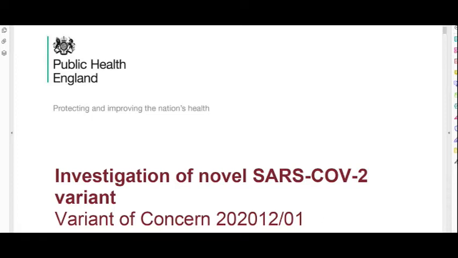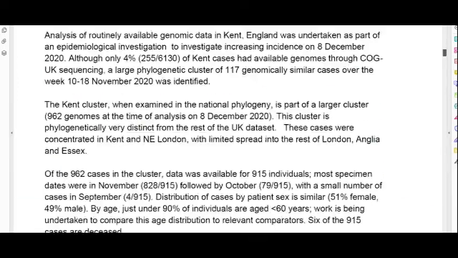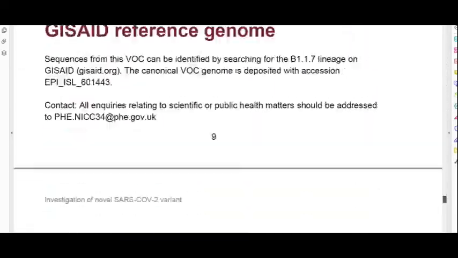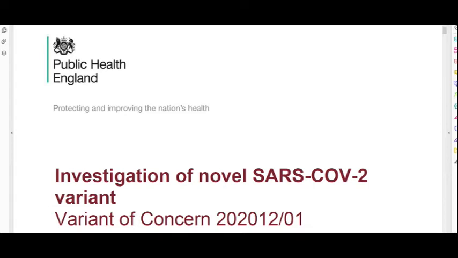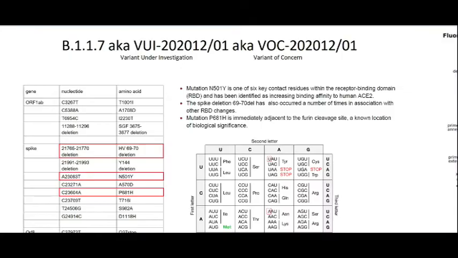This is that new strain that's been in the news in southeast England that seems to be more contagious. I wanted to go through this brief here, and I've taken some of the figures from it, so I'll talk about that.